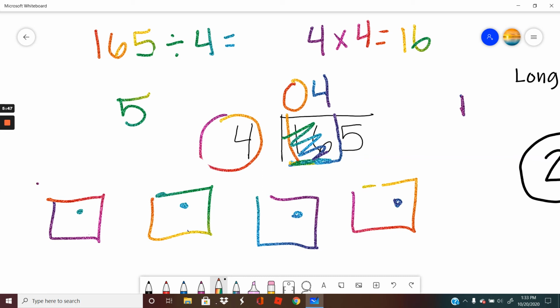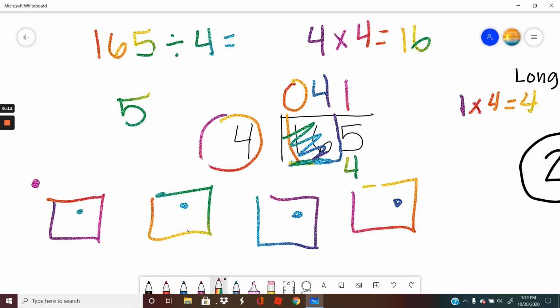All right, one more. So we have 247 divided by 4. We're going to look at 4 boxes, 1, 2, 3, and 4. Our first number is 2.